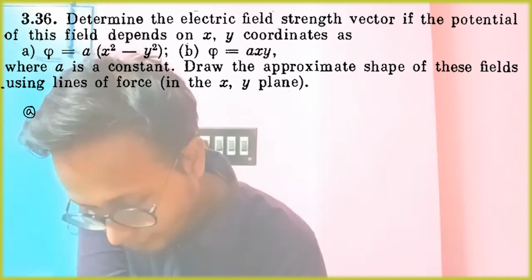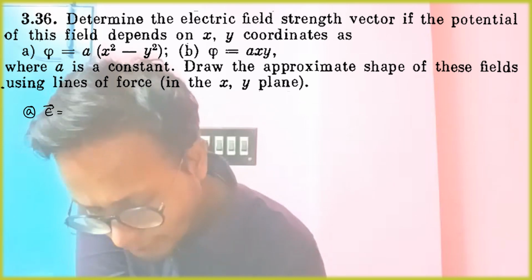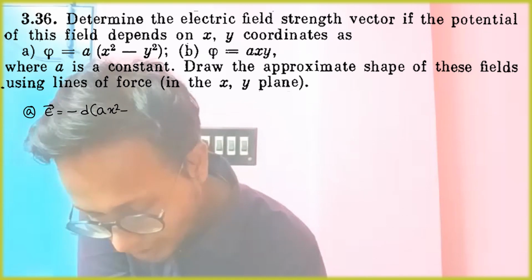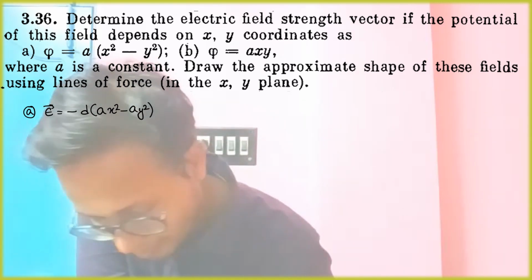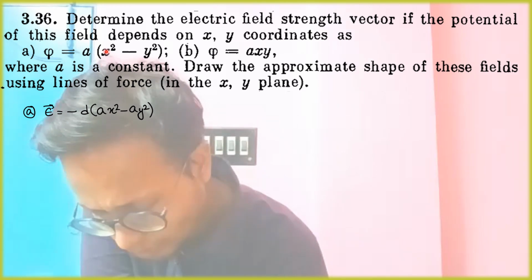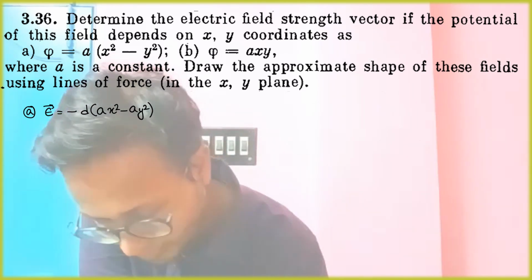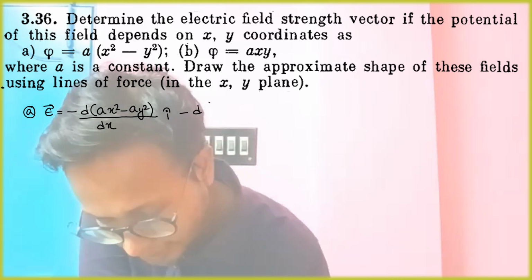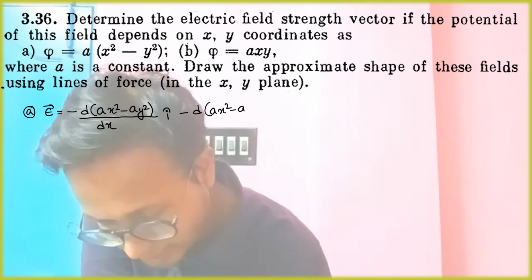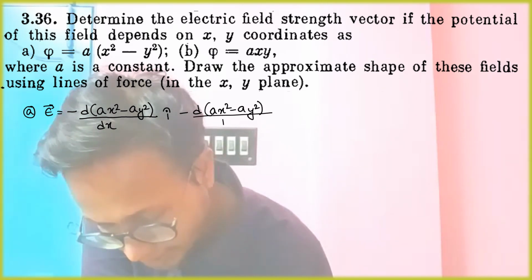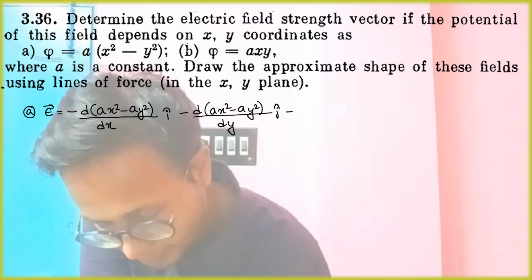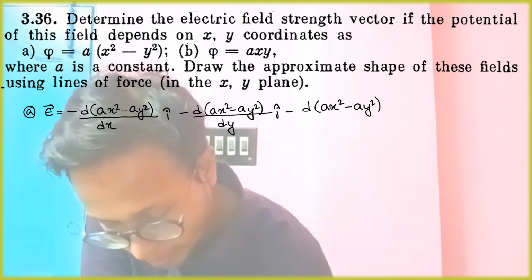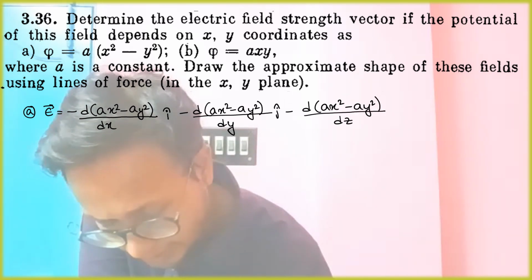So part A. Electric field is nothing but Ex plus Ey plus Ez, or minus d of (ax square minus ay square), see, I'm just combining these two, a with x square and a with y square, I just multiplied inside, divided by dx i, minus d of (ax square minus ay square) by dy j cap, minus d of (ax square minus ay square) by dz k cap.